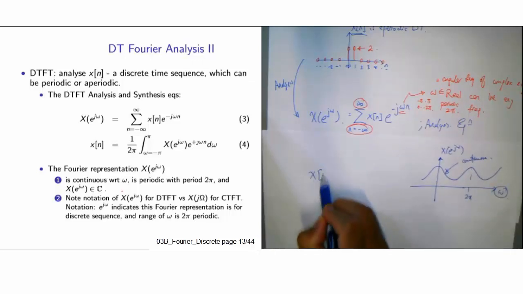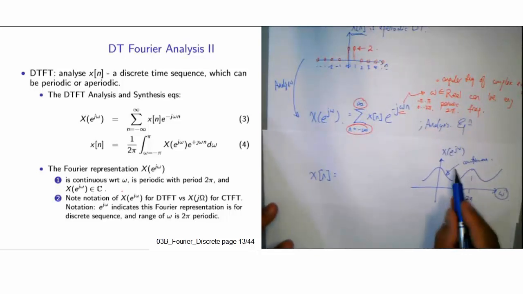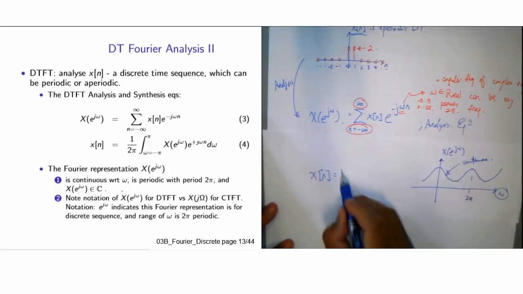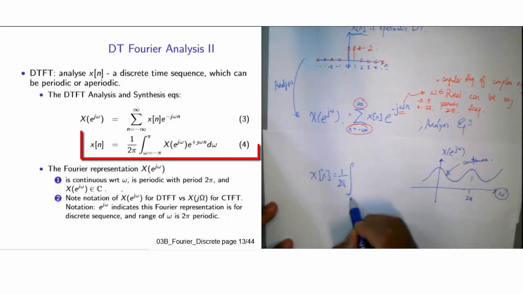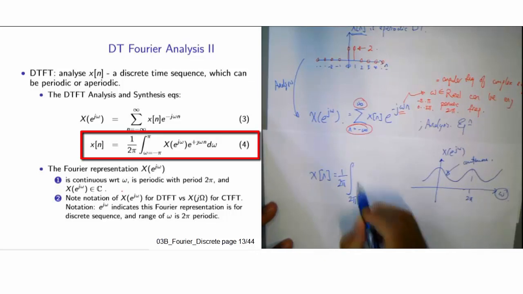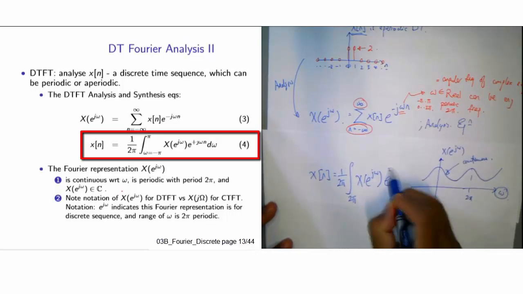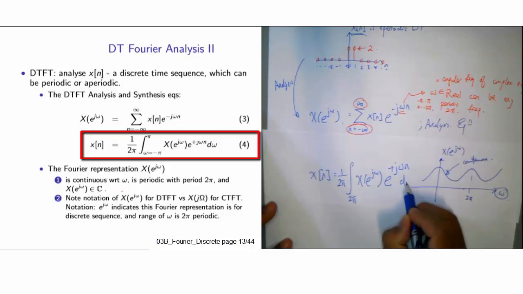So trying to reconstruct x of n is a bit hairy. We have to use an integral because X(e^(j omega)) is continuous. First we use a normalizing constant 1 over 2 pi, integrate over a 2 pi interval X(e^(j omega)) e^(+j omega n) d omega.